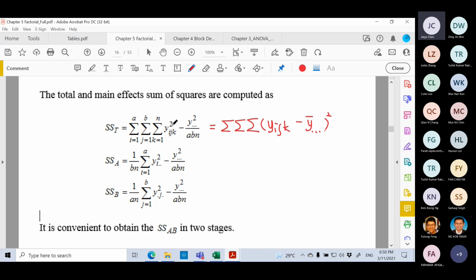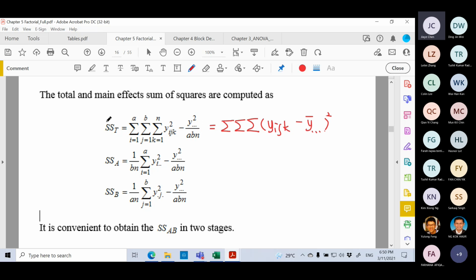Of course, when you perform the calculation, you can use software or Excel where you key in your data, and you can simplify it into the following form: the sum of each observation squared, minus the total squared divided by the total number of observations.